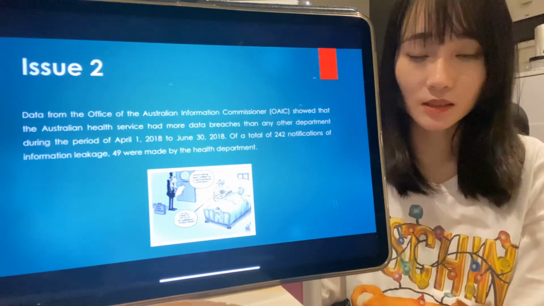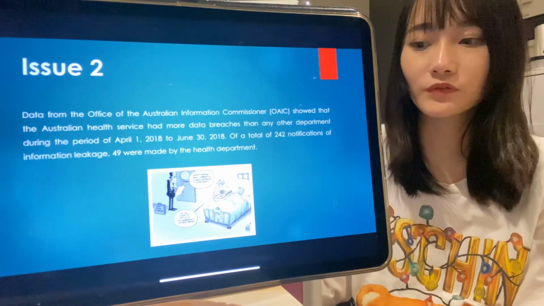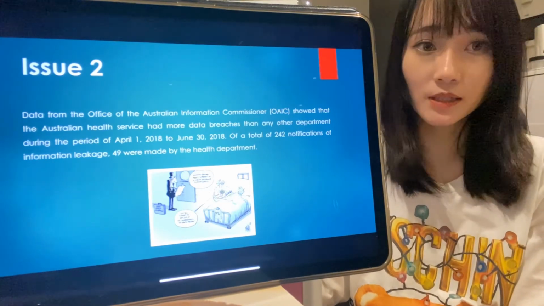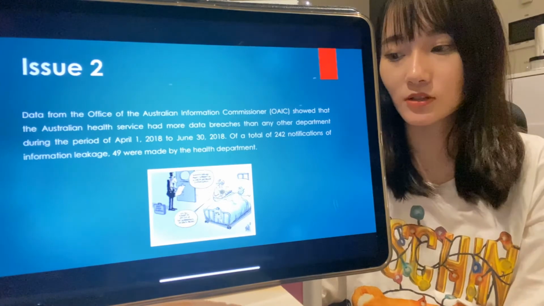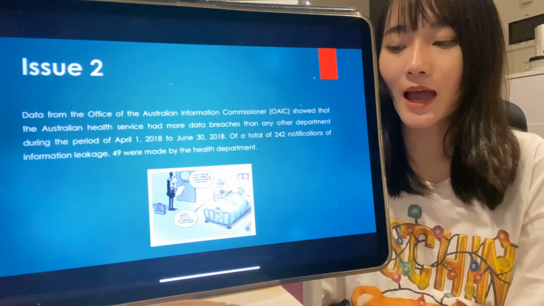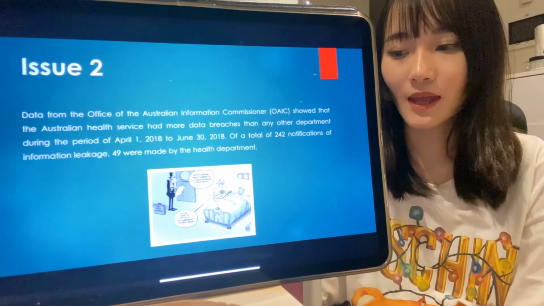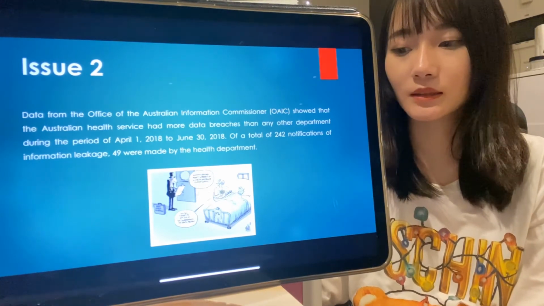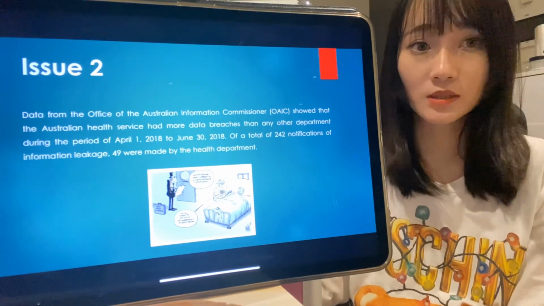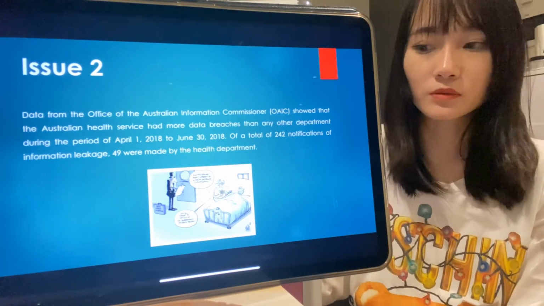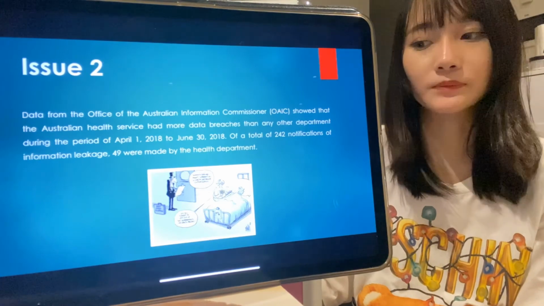According to ABC, data from the Office of the Australian Information Commissioner shows that the health sector had more data breaches than any other sector from April 1st to June 30th, 2018.